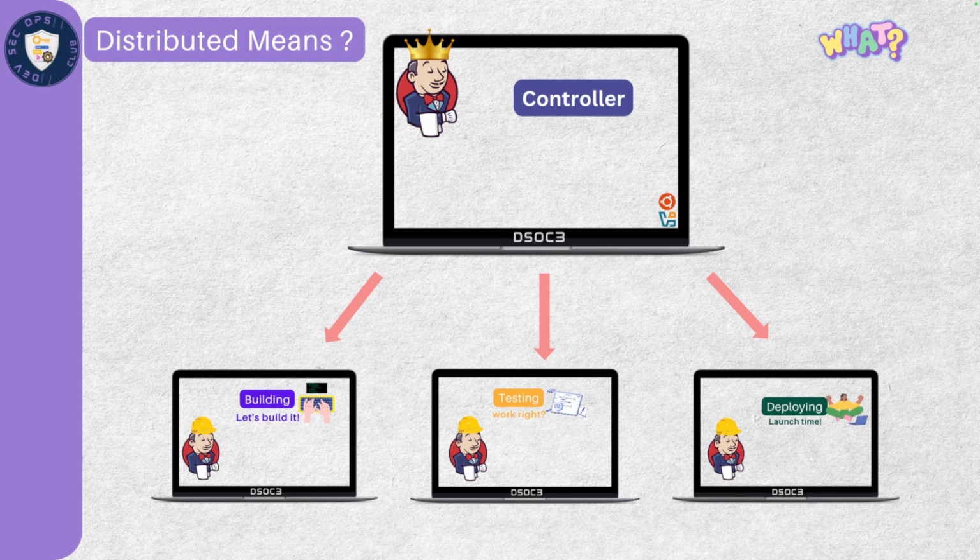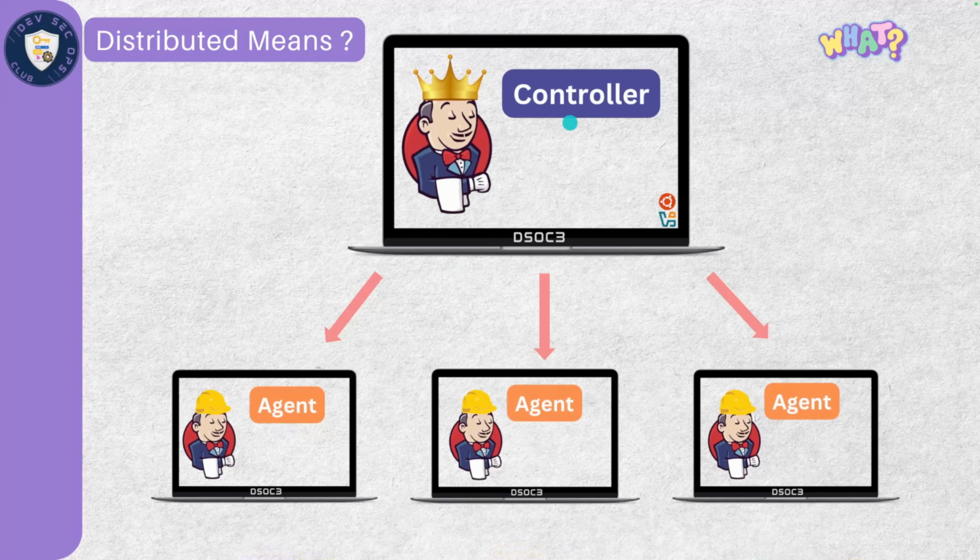Of course, nobody is going to tell you anything, but it's better in an interview to use the words Jenkins controller or controller agent setup, right? So this machine is called a Jenkins controller, and this machine is called a Jenkins agent.